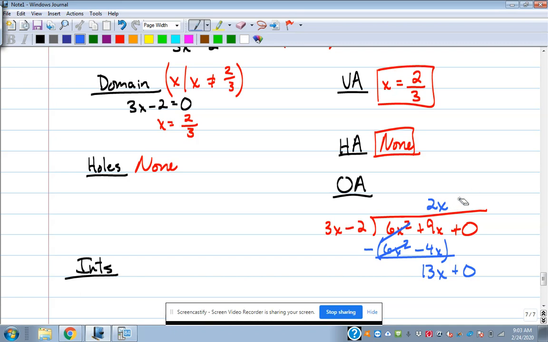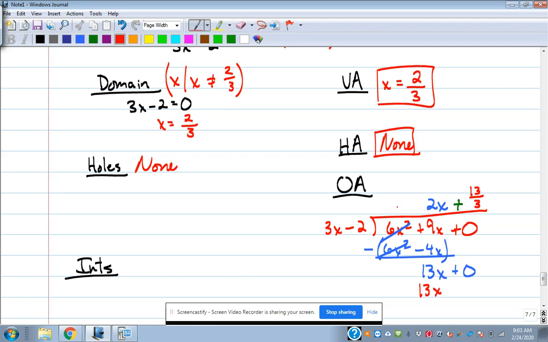It's okay, it's a fraction. So the last step of this: what times 3 gives 13? 13 over 3. So when I multiply that out, that gives me the 13x.